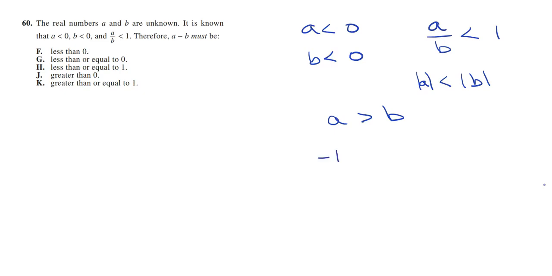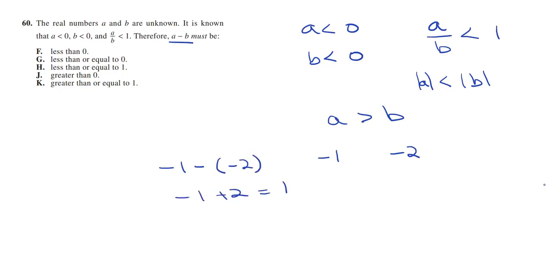So A is going to be -1, B is -2. Now A minus B: -1 minus -2, -1 plus 2, which is equal to 1.